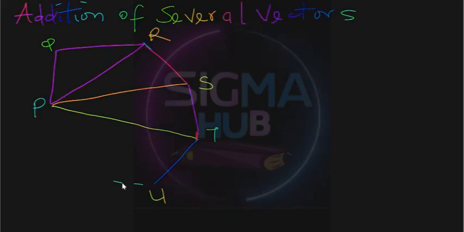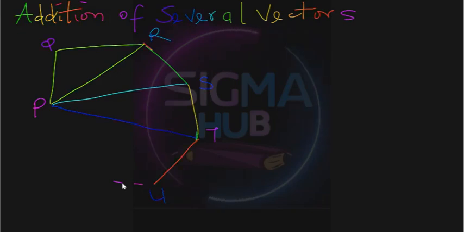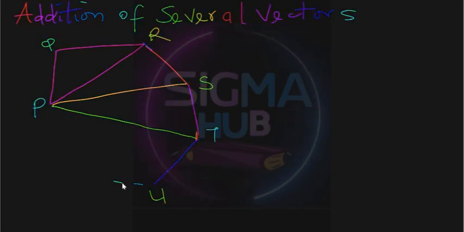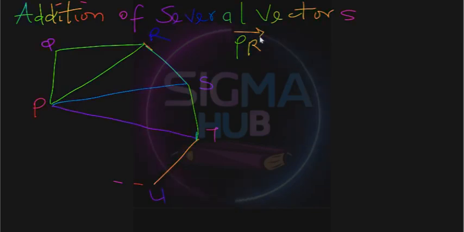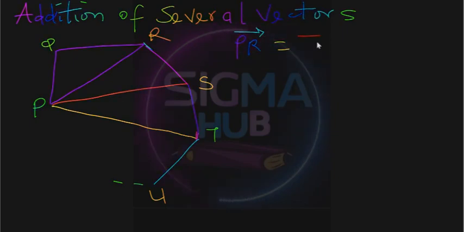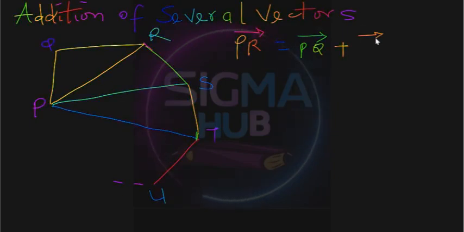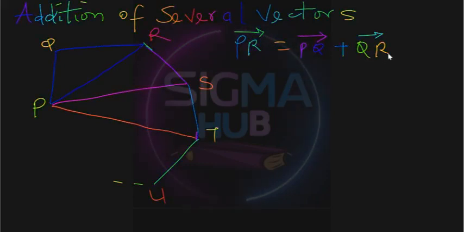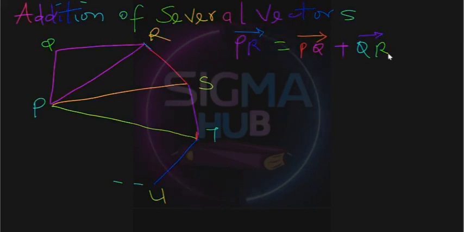Now let's quickly consider PQ to QR using vector addition. We can say moving from P to R, that is PR, is equal to moving from P to Q first, PQ, then moving from Q to R. Don't forget, we just discussed the triangular law of vector addition.